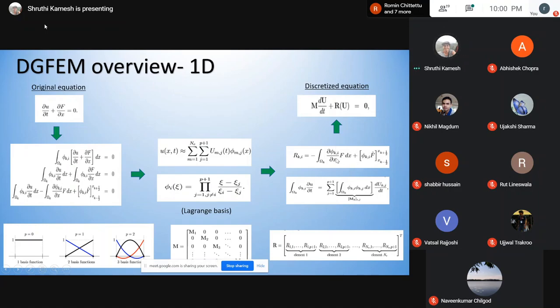F refers to the analytical flux term, so in modeling a set of equations this way, you say that du/dt plus dF/dx equals 0, where F is a function of u in some way. With your set of equations, you're given an initial condition, which is that at time equals 0, you're given a set of values for the basis coefficients. As you march through time, the values will change.